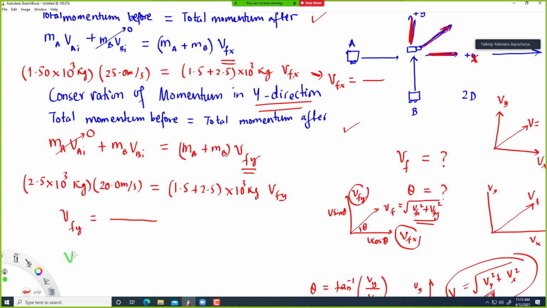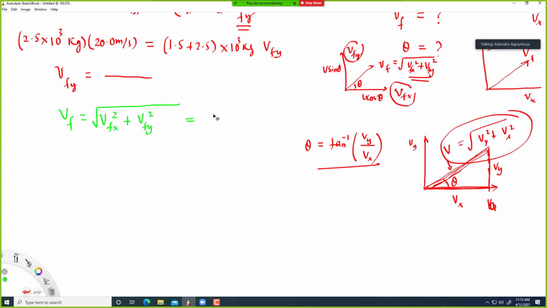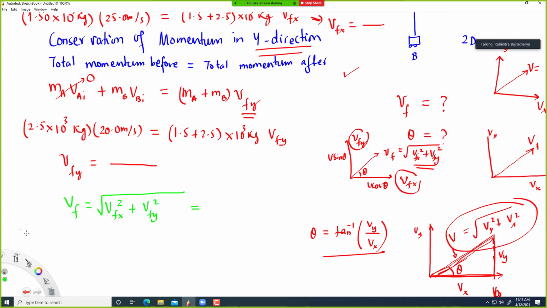And then find Vfx squared plus Vfy squared, and then find theta, tan inverse Vfy over Vfx. So do that and tell me what numbers you got.